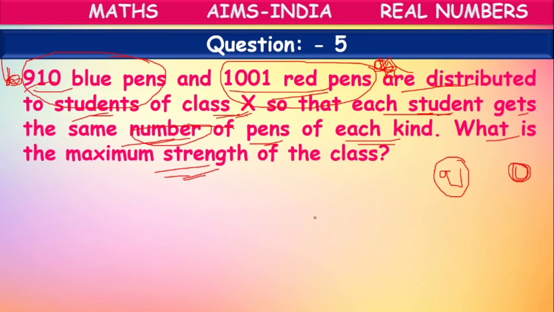So here, let us solve with the Euclid division lemma. Let's take the bigger number. What is Euclid division lemma?